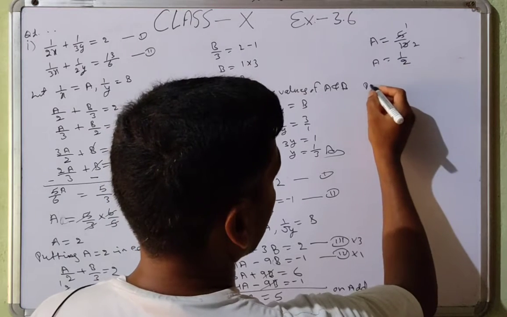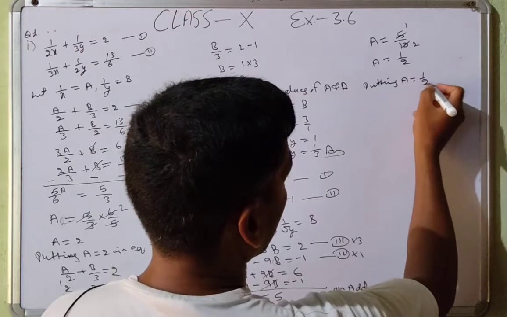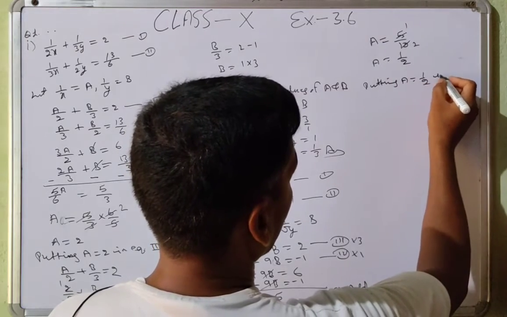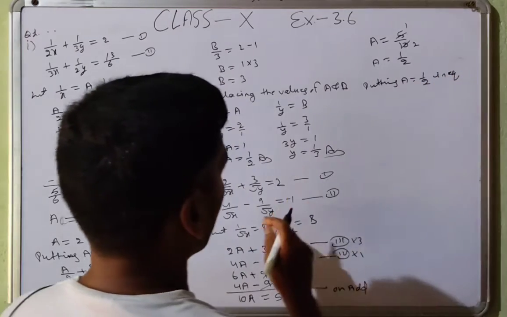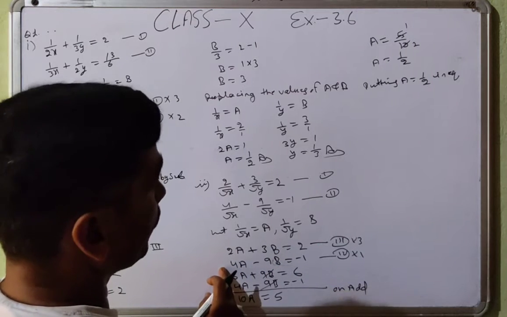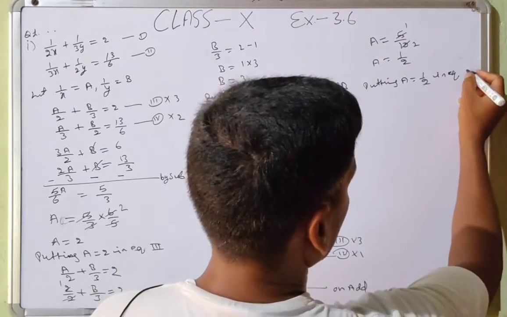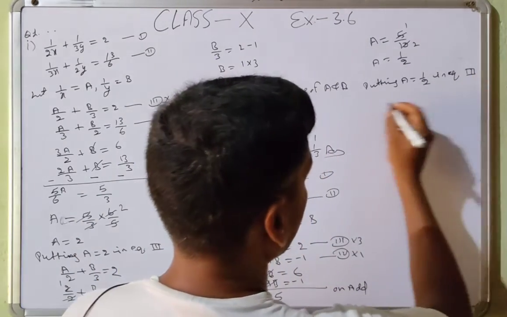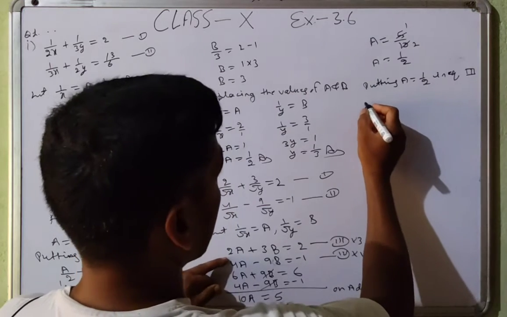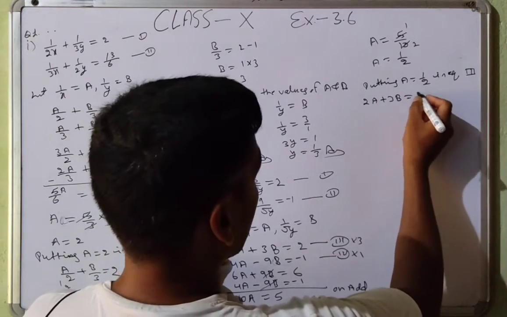Now putting a is equal to 1 upon 2 in equation third or fourth, which is, the third is looking better. So the third equation is 2a plus 3b is equal to 2.